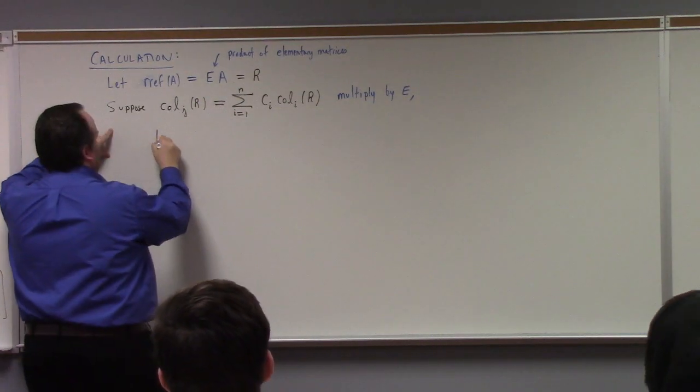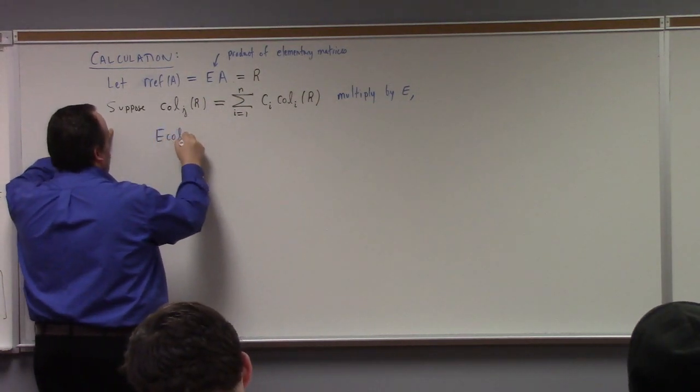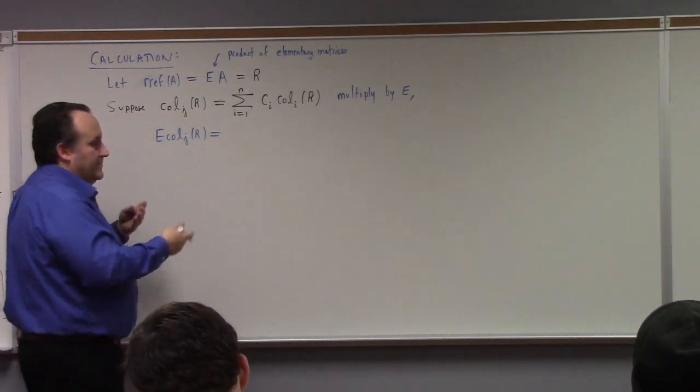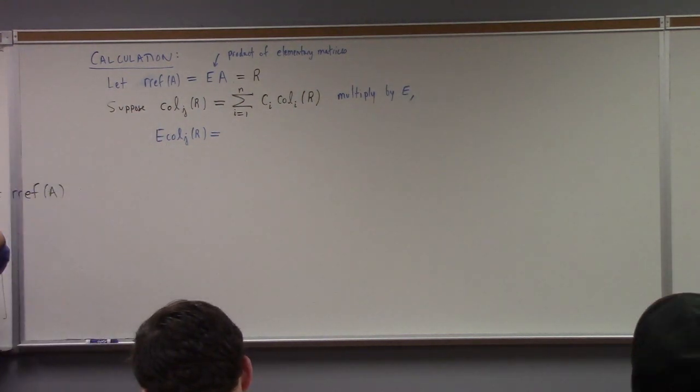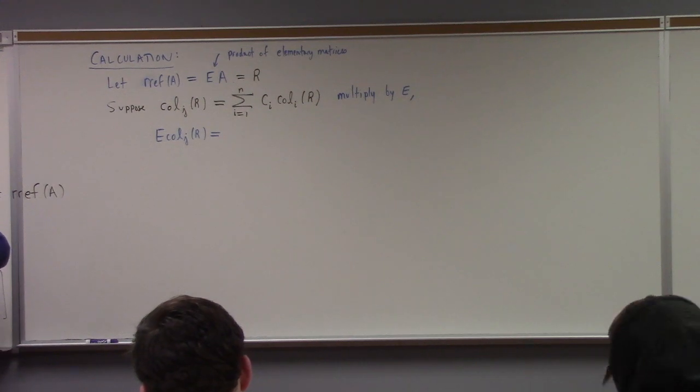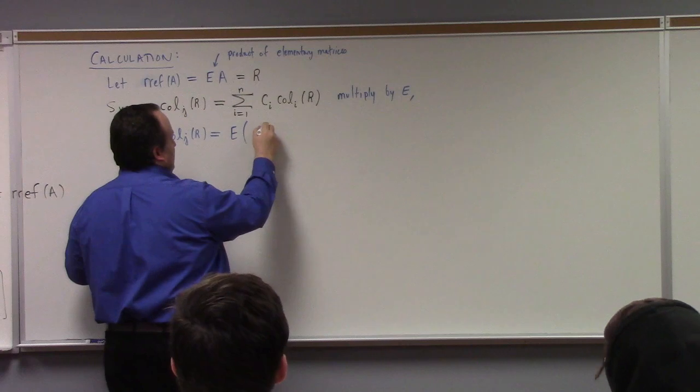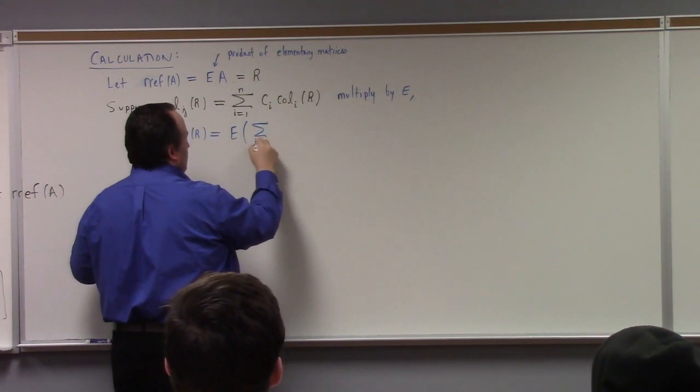Then that gives us column j of R is equal to, and I'm just going to jump to the point here. What happens when we multiply a matrix times a sum? I'll write a step. You know the properties of matrix multiplication, right?